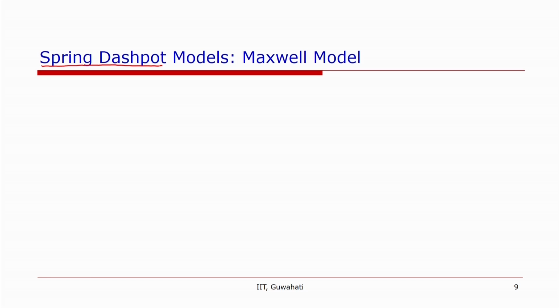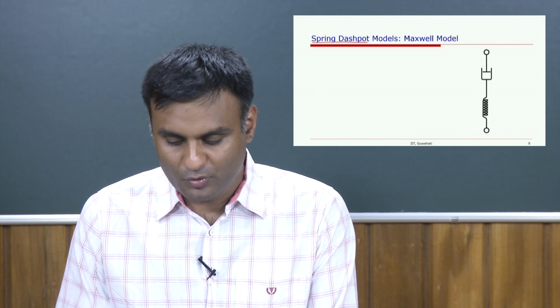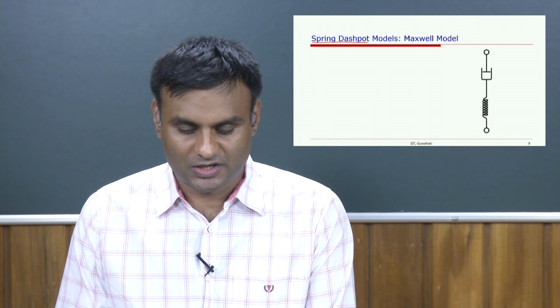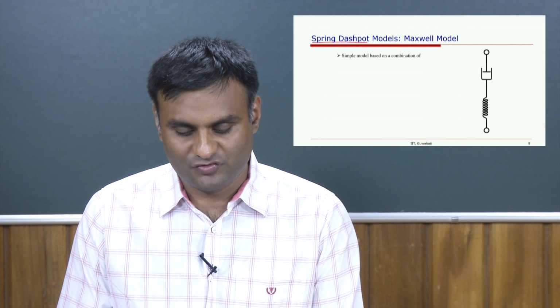A spring is an elastic component which shows the elastic behavior, and a dashpot is a viscous component, a viscous damper, which shows viscous behavior.